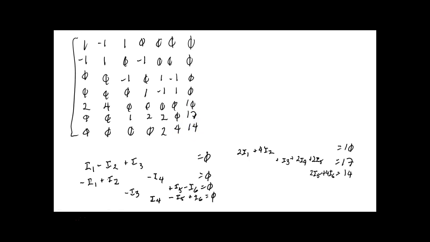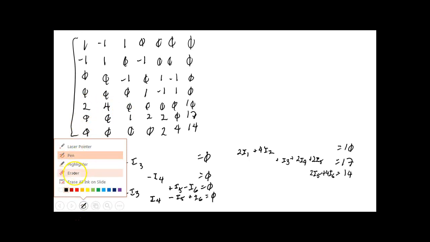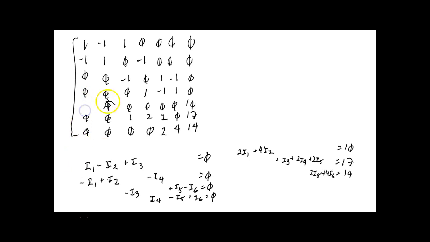Okay. Now I'm going to do 2 things right off the top. One, I'm going to take row 5 here and divide by 2. And I'm going to do the same thing to row 7. Okay, is that okay? So that's going to be 1, 2, 4 zeros and a 5.